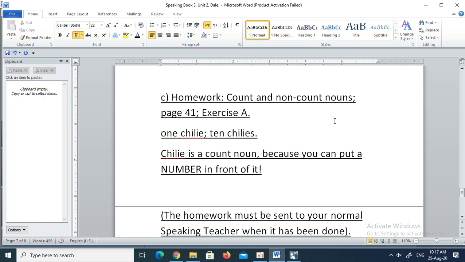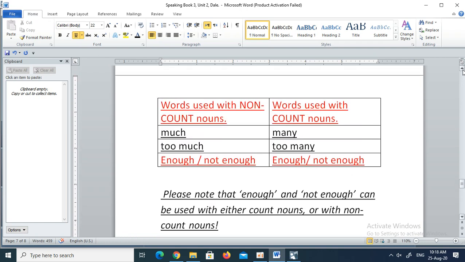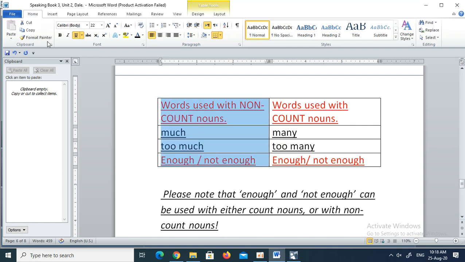Okay. And because it is a count noun, we have to use one of the words on this side. Okay. Sorry, it's a count noun, I beg your pardon.